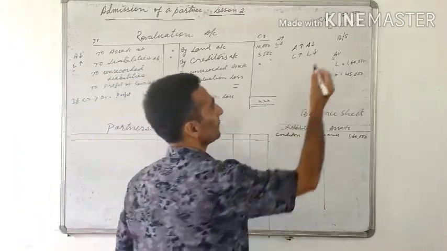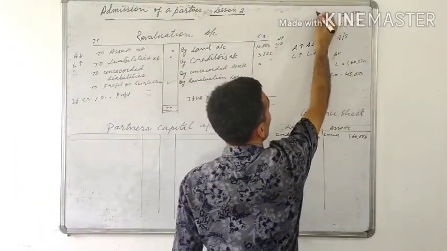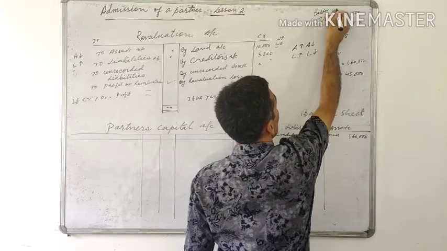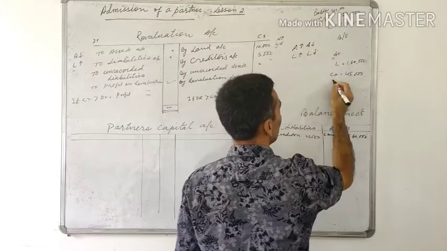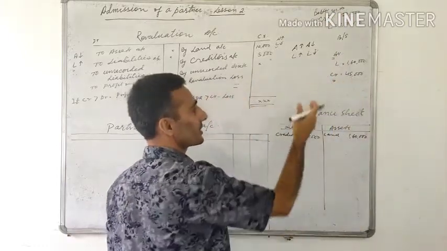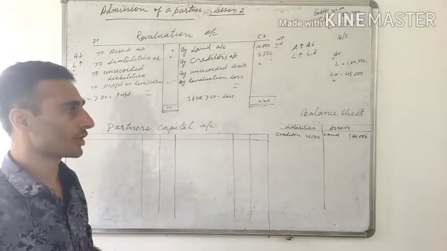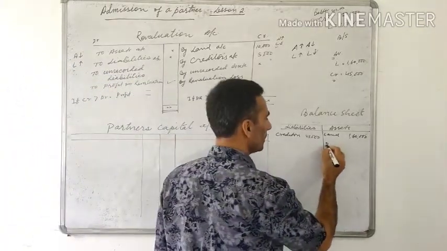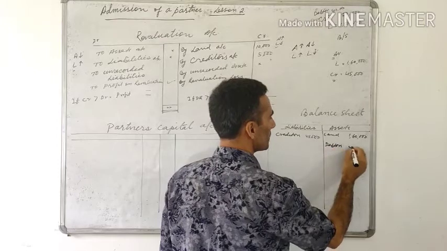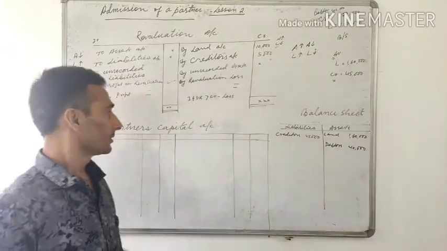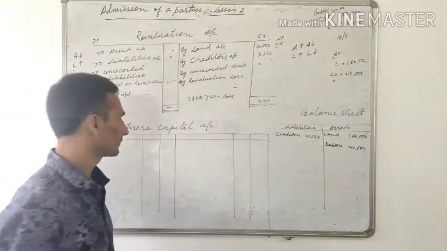Say, for example, debtors 40,000 is given, and no information regarding debtors is there in the adjustment. That means the debtor is not affected, so debtors 40,000 will still come in the balance sheet.